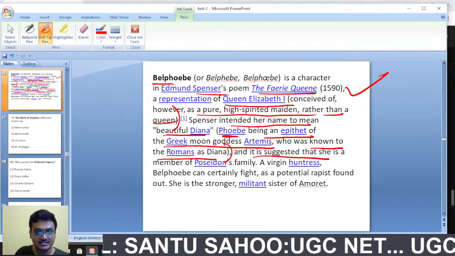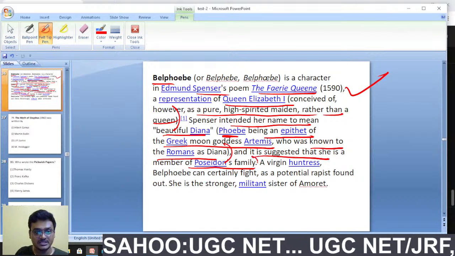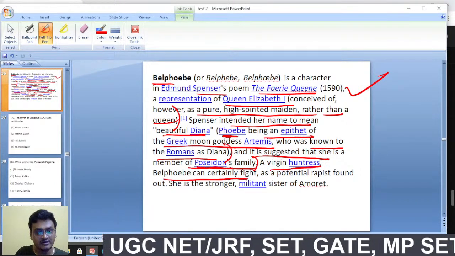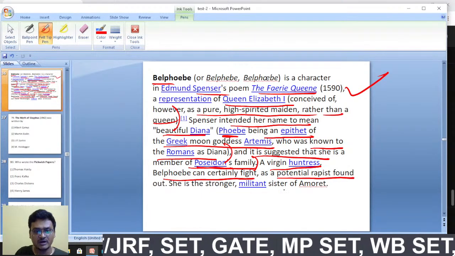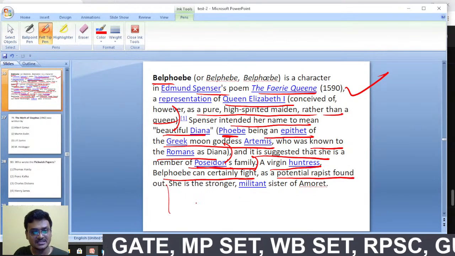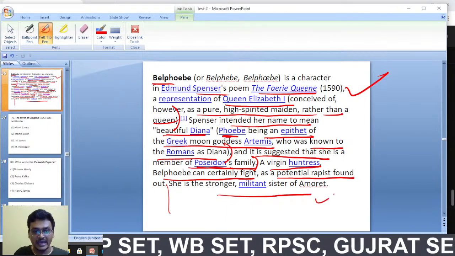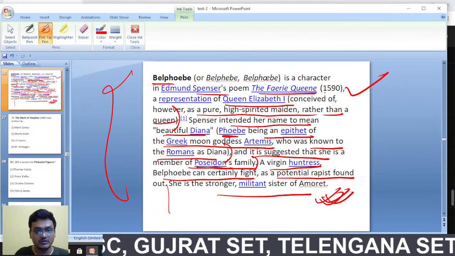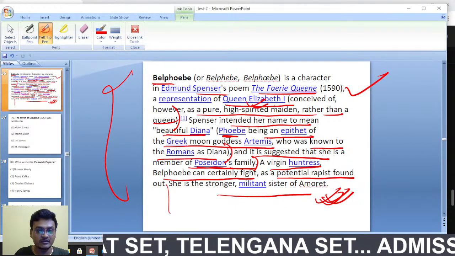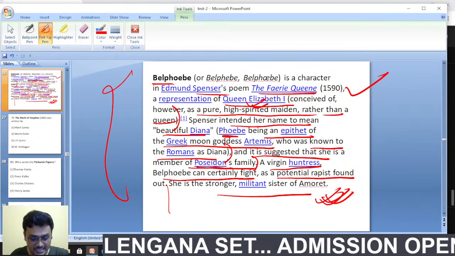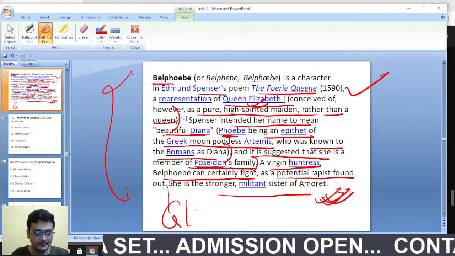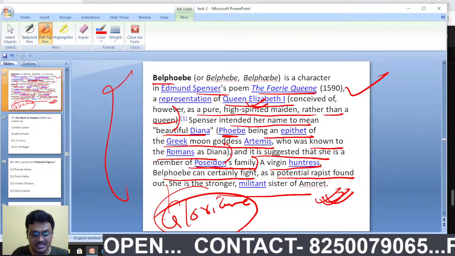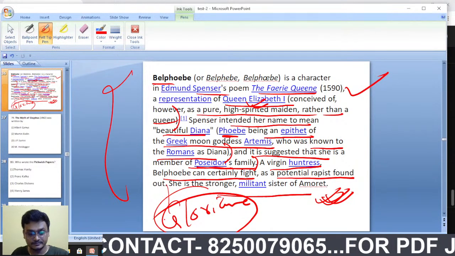She is a virgin huntress, the stronger, militant sister of Amoret. So Belphoebe also represents Queen Elizabeth in the Faerie Queene, as well as Gloriana. Una represents truth, Britomart represents chastity.